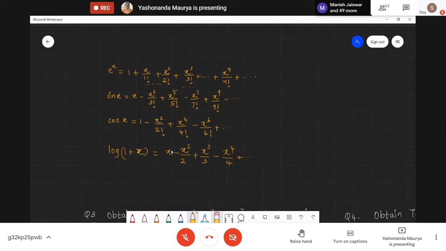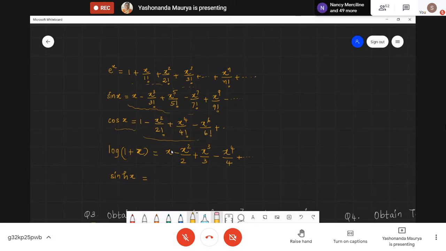Similarly, we have the expansion for sine hyperbolic x and cos hyperbolic x. Okay. For sine hyperbolic x, it is the same expansion that we have, but all the terms are positive. Similarly, for cos hyperbolic x, all the terms are there, but all of them are positive. There is no alternating sign.